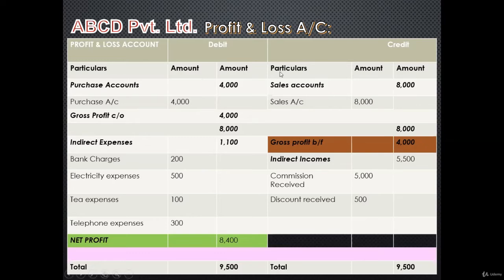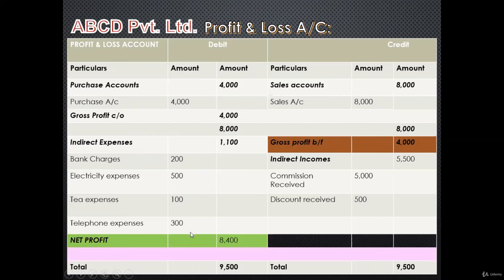So I recorded the sales and purchases over here in my trading account and reached the gross profit amount of 4,000. I have brought forward this amount in my profit and loss account, and on the right side of the profit and loss account, we'll be recording our incomes, and on the left side, that is the debit side of the profit and loss account, we'll be recording our indirect expenses.